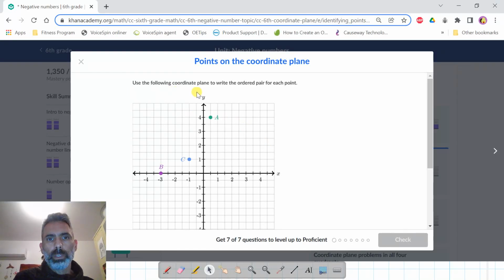Use the following coordinate plane to write the ordered pair for each point. So A is plotted at 0.5 on the x and 4 on the y.